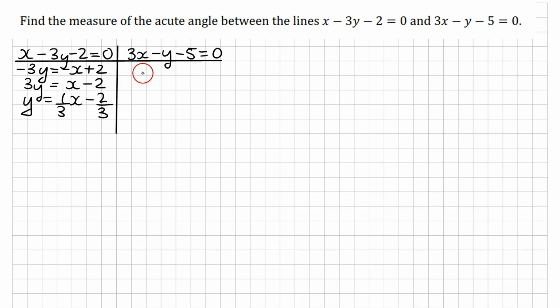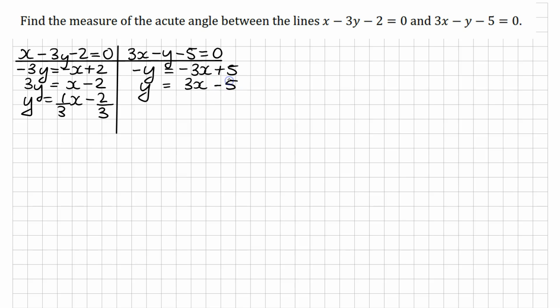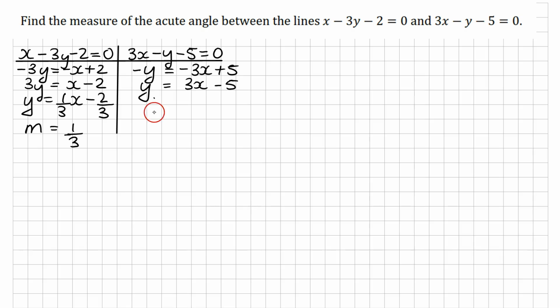And over here we have that minus y is equal to minus 3x plus 5, and then y is equal to 3x minus 5. So from both of these we see that m1 is equal to 1/3, and m2 is equal to 3.